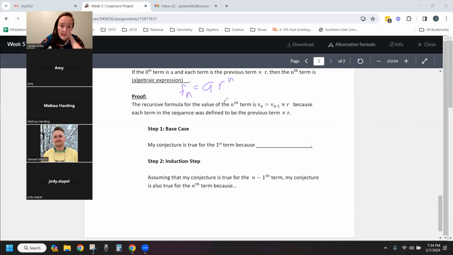For that, we need to prove that the conjecture is true for the first term, and I'm going to identify the first one as the 0th term, because I like plugging in 0. So if we plug in a 0 into the statement we're trying to prove, what does that give us?